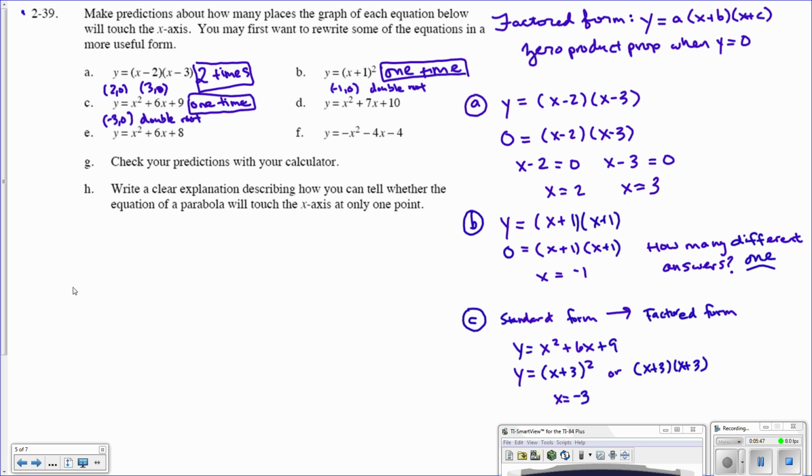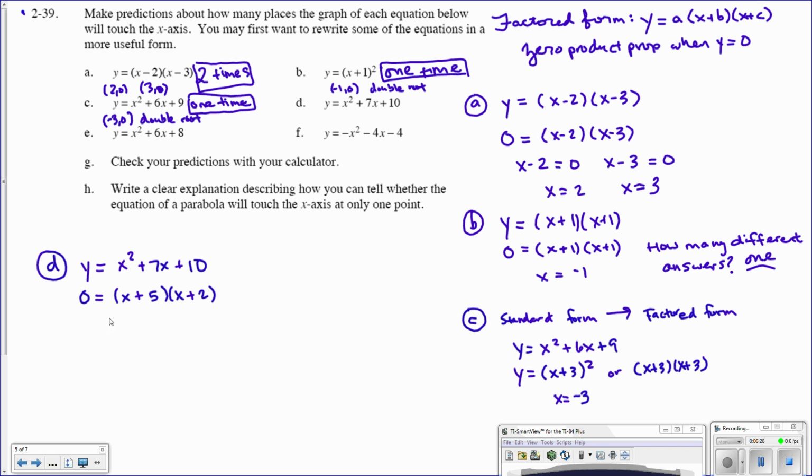Let's look at D. I'm going to move over here. I know it's probably not normally what you do, go from right to left, but it'll be fine, trust me. We have y equals x squared plus 7x plus 10. Now, let's set it equal to 0 first and factor it as we're doing it. So we're going to end up with x plus 5 times the quantity of x plus 2. So how many different factors are we going to have?